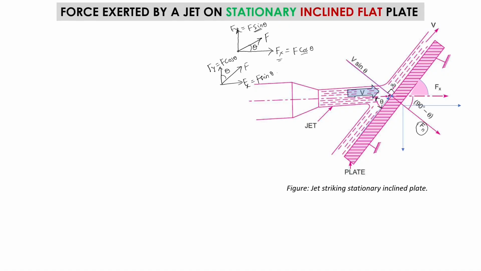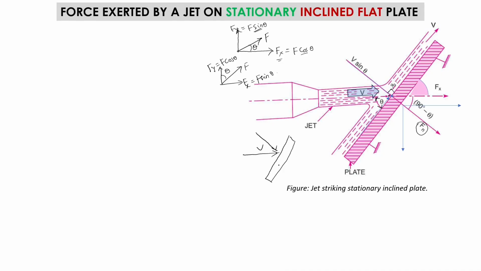This v, you can see over here, is in this direction, right? If I want to draw that here, I can draw v in this direction, and this is the inclined flat plate. So this v can have two components.